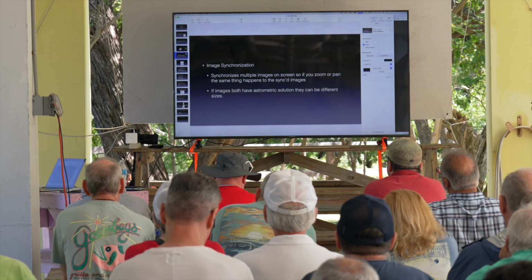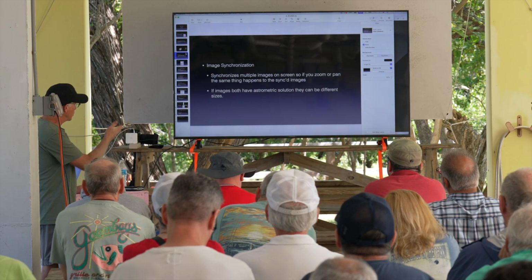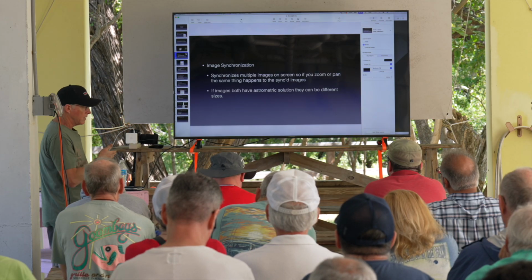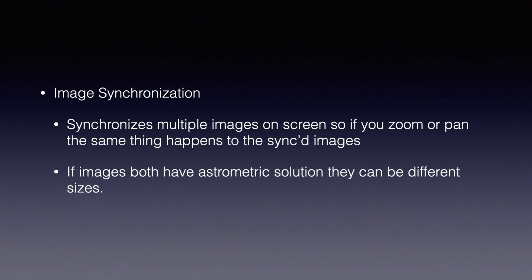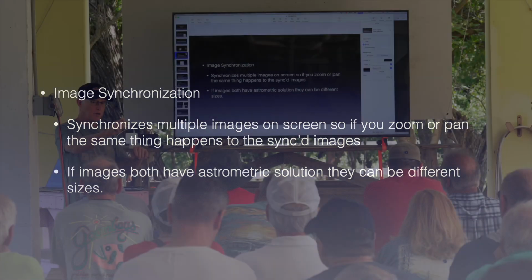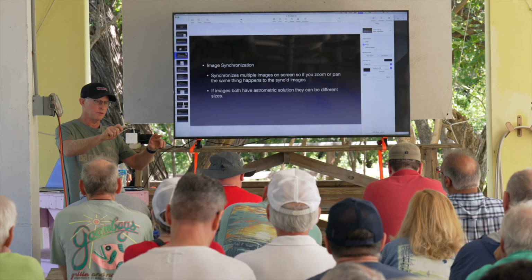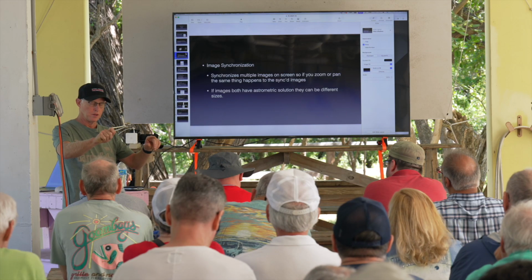Another cool thing this new software does is image synchronization. What that means is you may have two images on your screen, and you put your cursor on something. Maybe you're looking at a galaxy and the image is plate solved, right? And you can see the RA and Dec coordinates.